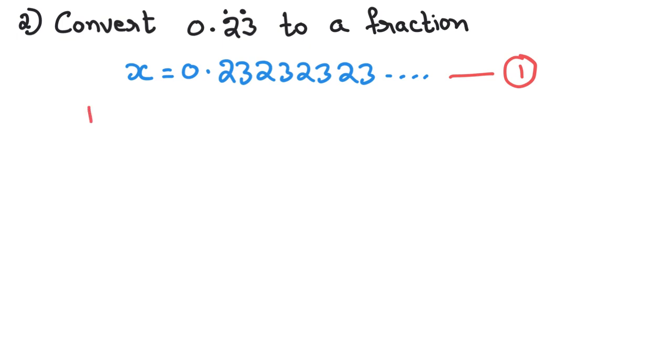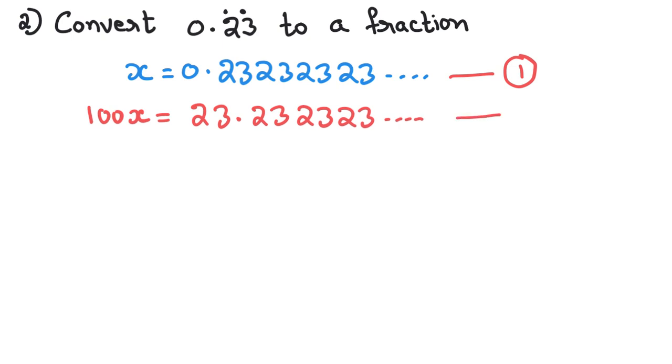We get 100x is equal to 0.232323. When you multiply by 100, the decimal point gets shifted 2 digits and we land up with 23.232323 and so on. Let us label this equation as 2.